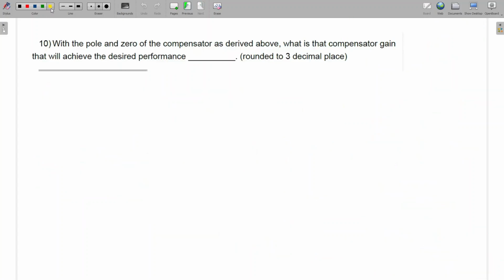With the pole and zero of the compensator as derived above, what is the compensator gain that will achieve the desired performance? So the compensator transfer function is Kc into S plus Zc divided by S plus Zp. What is our plant?